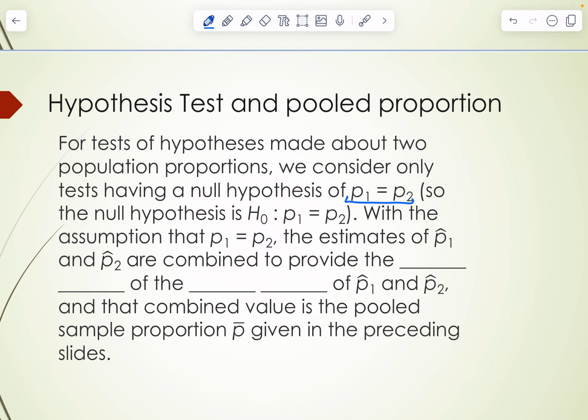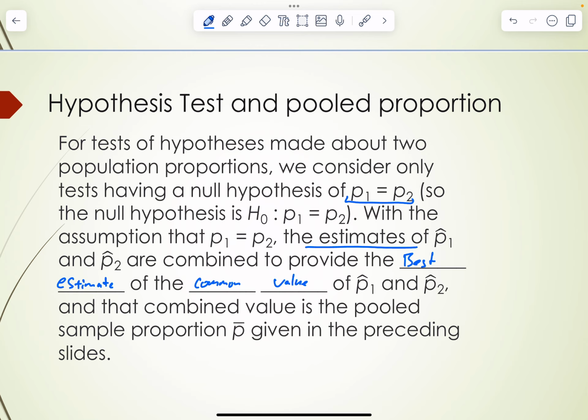With the assumption that P1 equals P2, the estimates P1 hat and P2 hat are combined to make the best estimate of the common value.